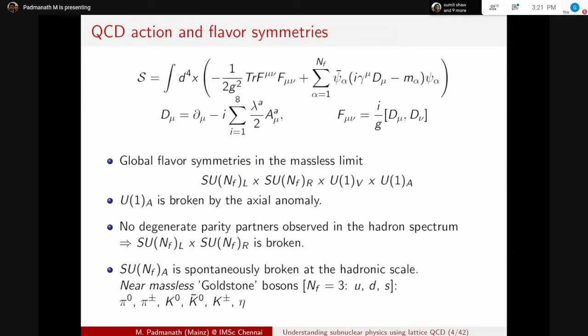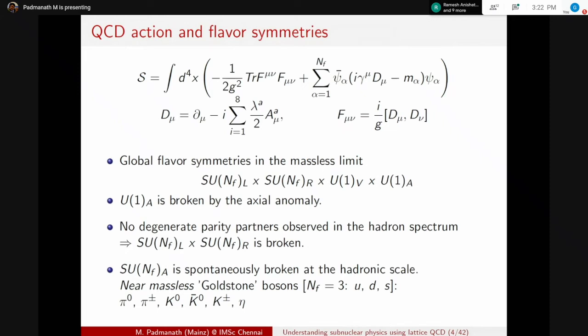But the absence of parity partners, this is the way I understand, just means that this is somehow broken. And if you can restore the symmetry at high temperature, what happens? If you restore the symmetry, then you should expect to see parity partners.